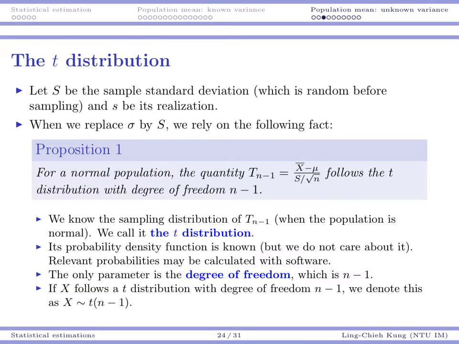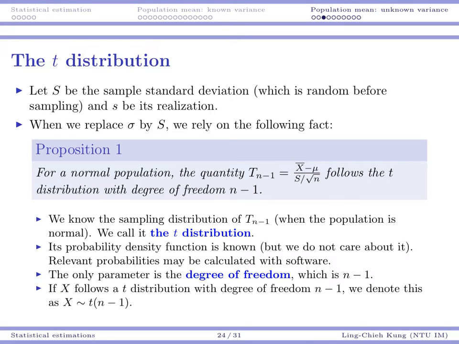So first, if you have a random sample, you will be able to calculate the sample mean and the sample standard deviation. Before you do the sampling, you actually know that these two are random variables. So if you put them into this formula, again, it's a random variable.